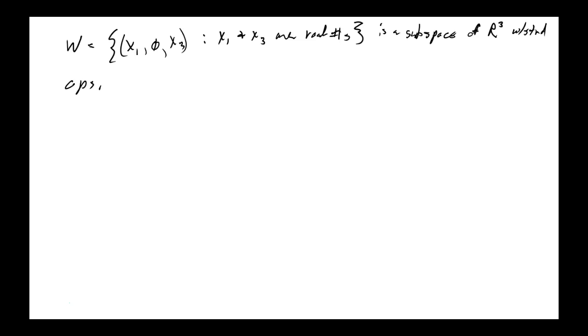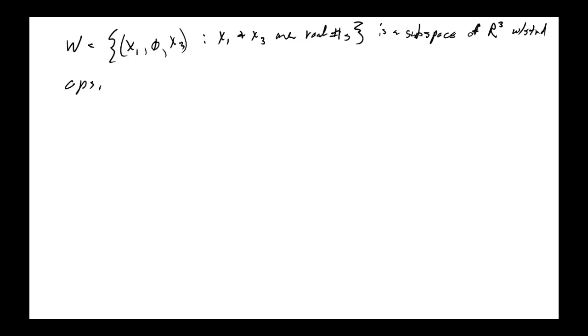The same x1 and x3, but now your x2s are all 0. So in other words, this is the xz plane. R3 would be all of 3 space, all space as we understand it, x, y, and z, every ordered triplet in that.